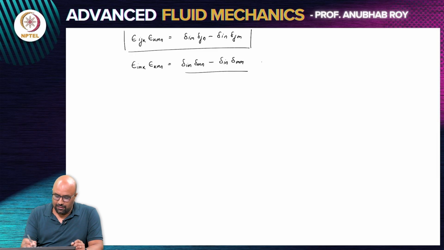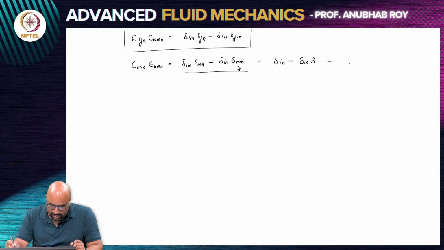So, the first term becomes 3 delta in minus delta in, which hopefully is all right. So, I have replaced j with m, which means here I would replace j with m, here I would replace j with m, delta mm is 3, and that gives me 2 delta in.